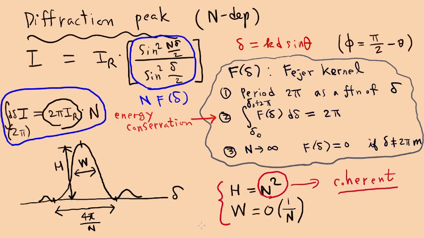And the fact that the width is on the order of 1 over n tells you something interesting. Remember in the crystal case, I was talking about nanocrystals and so on. If you have a nanocrystal that you made, and you want to measure the size of it, how do you do it? Well, one thing you can do is look at it under a nanoscope, like an STM or AFM and things like that.